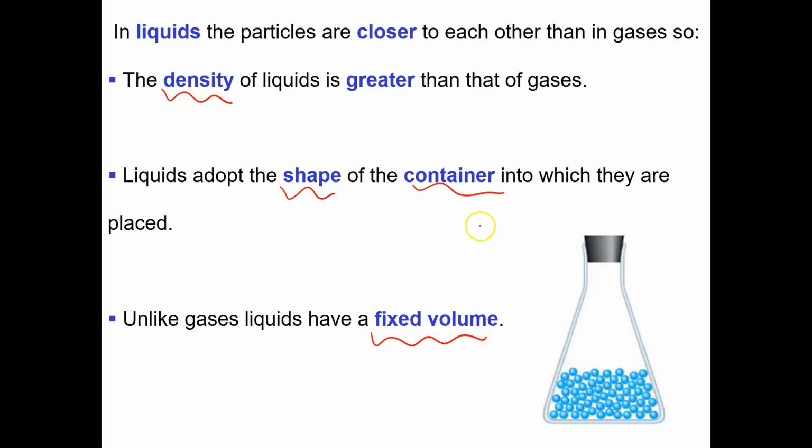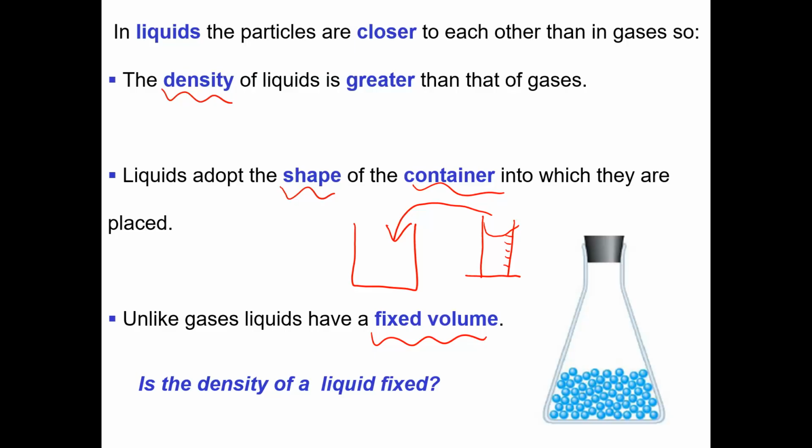And that's actually really helpful for us in the chemistry lab because we can use devices like graduated cylinders to measure the volume of a liquid, and then we pour that liquid into another container, and we know that the volume will not change. So whatever we have in our original container is what we're going to get in our second container. So liquids have variable shape, but fixed volume.